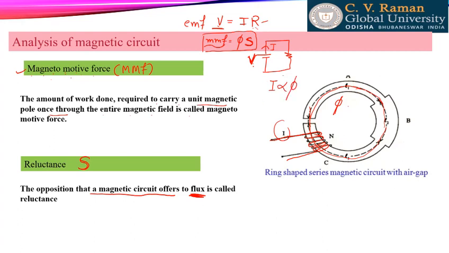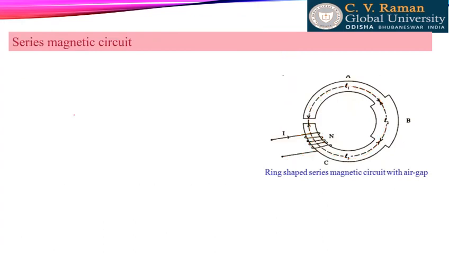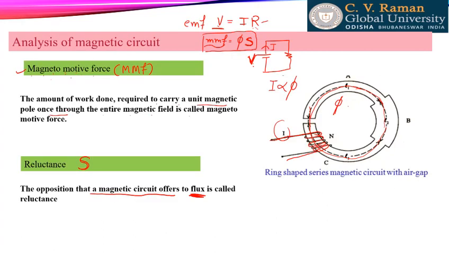And similarly, more number of turns means more flux. So this MMF can be written as ampere turn. Its unit is written as ampere turn.